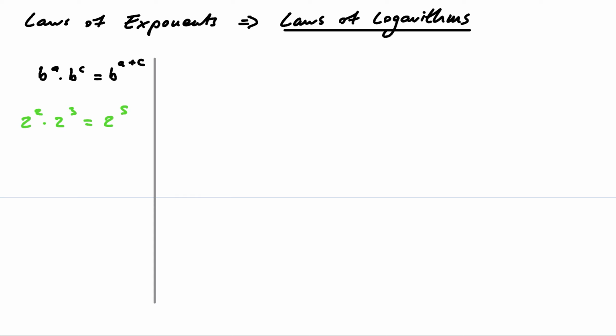Now this gives rise to a corresponding law of logarithms, which does look quite different. And it's rather confusing how they're related, but the corresponding law of logarithms is the following. Log b of a product, I'll write m times n, turns into a sum.